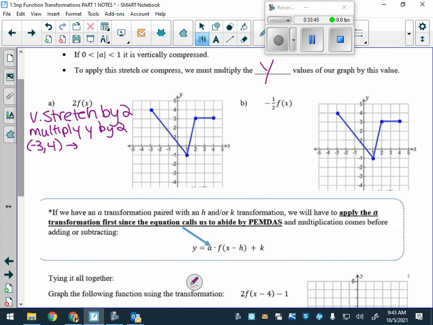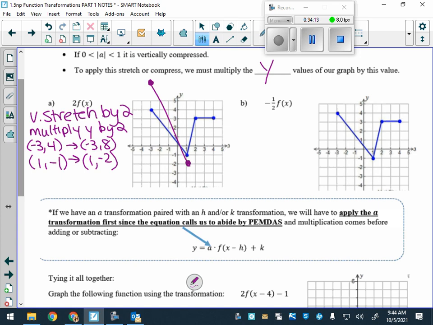Josh? Negative 3, 8. Then if I have 1, negative 1, what would be my new point? 1, what? Careful. Negative 2. Good. 1, negative 2.